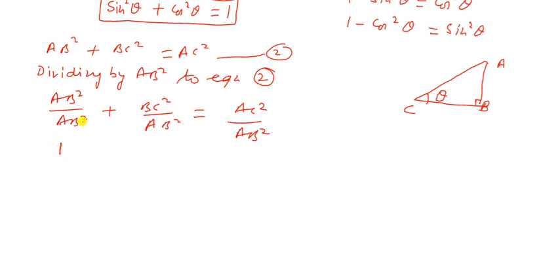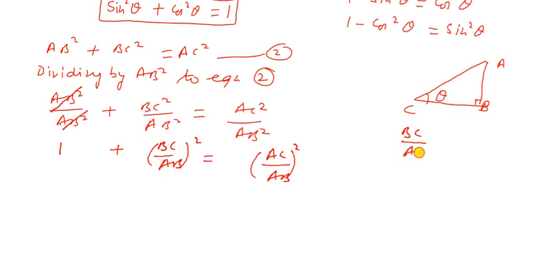So it will be 1 because both are cancelled out to each other, and here is BC upon AB whole squared, and here is AC upon AB whole squared. Let us see in this figure what will happen. BC upon AB: BC, that is the base, and AB, that is perpendicular. So base upon perpendicular, that is cot theta.